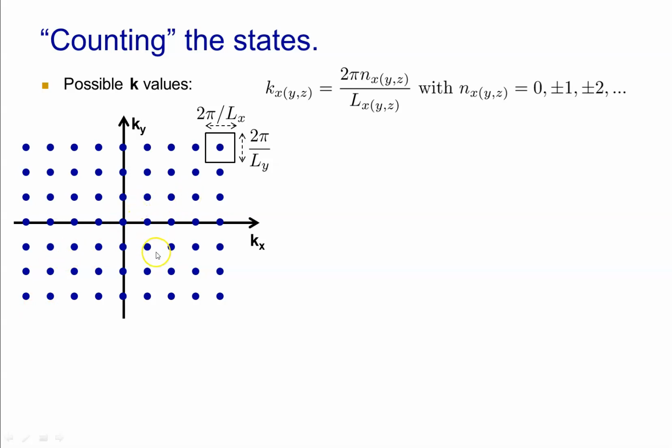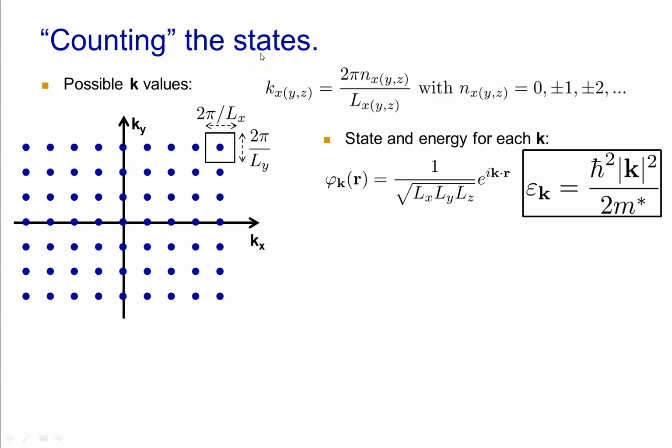And if I would plot in kz, I would have the same thing, also a grid. So what you're looking at is this 3-dimensional grid where each point is a possible state, a possible single particle state that I can occupy with fermions, right? So for each of these points, there will be a wave function, a plane wave-like wave function.